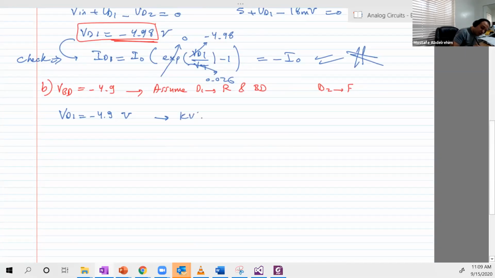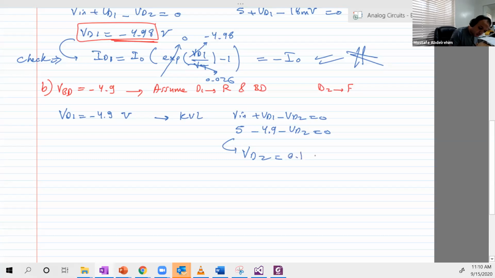From Kirchhoff's voltage law, V input plus VD1 minus VD2 equal to 0. V input is actually 5 volts, VD1 is minus 4.9, minus VD2 equal to 0. So VD2 from here will be equal to how much? Equal to 0.1 volt. Okay.